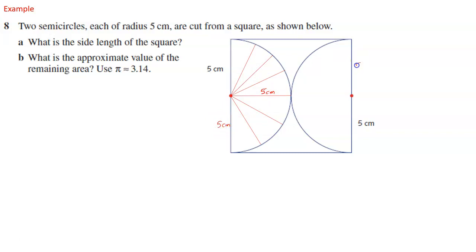And same with this semicircle over here. This is 5 centimetres and this is 5 centimetres. So the distance across the square, which is the same as the length of one of the sides, is 10 centimetres.